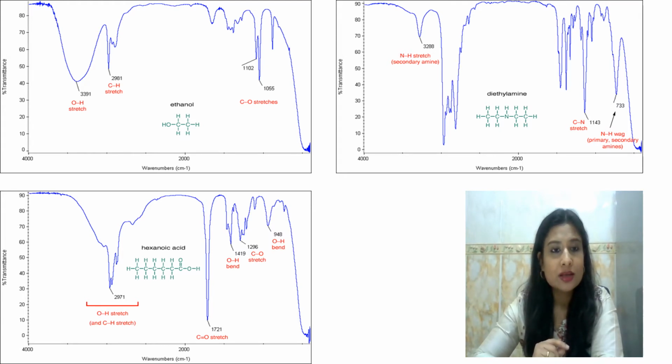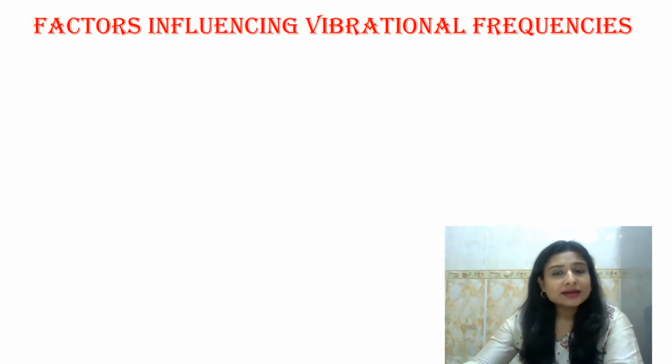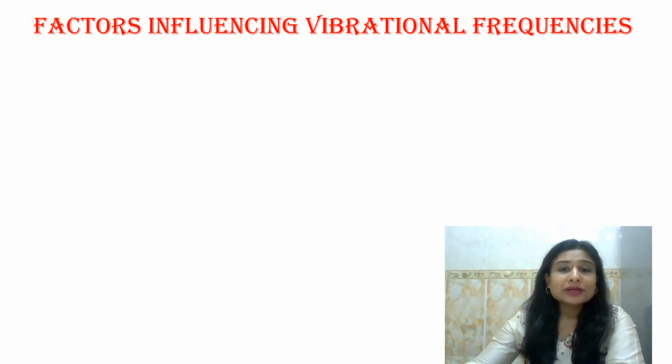Okay. So when the position of the absorption band is almost the same, then we move on to the shape of the absorption bands that helps us to differentiate between the molecules present in the sample. Okay. Now in IR spectroscopy, the vibrational frequencies calculated by Hooke's law are not always equal to their experimental values.